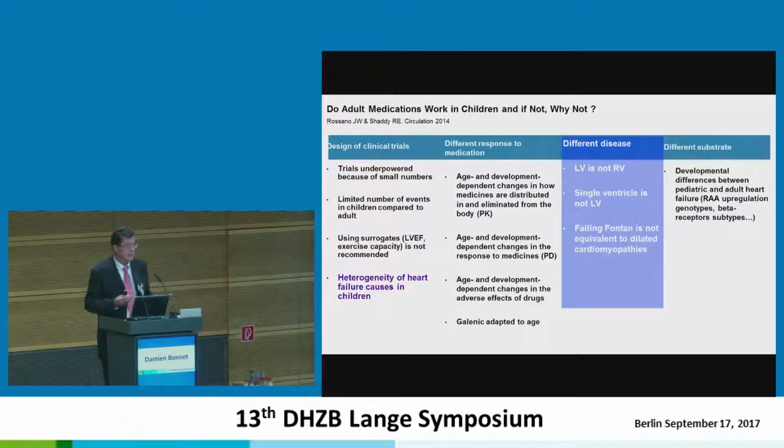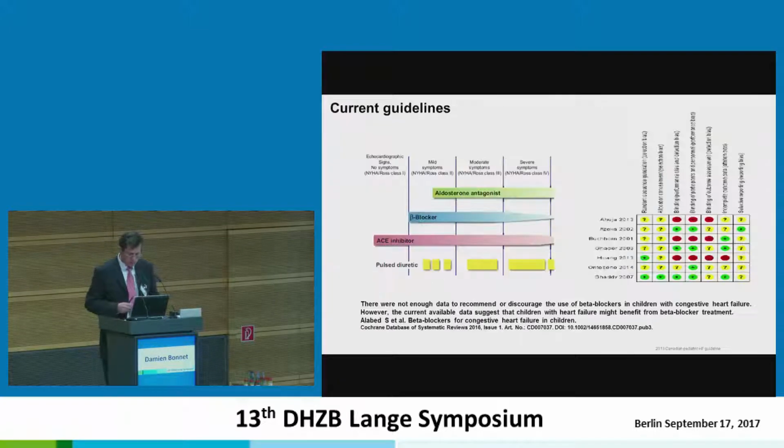For example, and it's obvious, LV is not a RV, but also LV is interacting with the RV, as we heard this morning, and also a single ventricle is not an LV for designing trials. And finally, there are also developmental aspects for the expression of the beta receptor that is different in the RV and the LV, but also there is an ontogenic modification with time. So this may create problems.